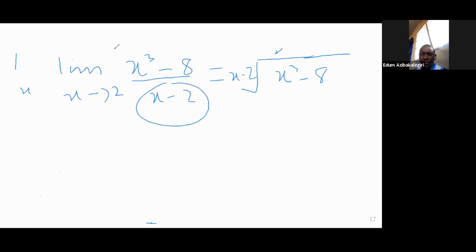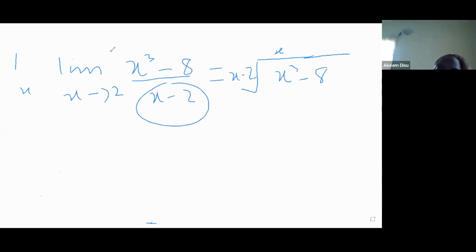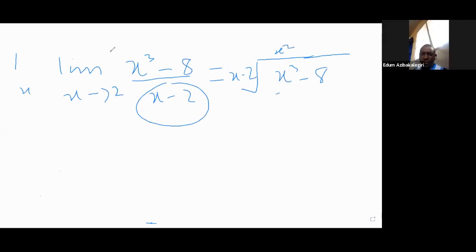Multiply x squared by x minus 2, which gives x cubed minus 2x squared. Is that taken?